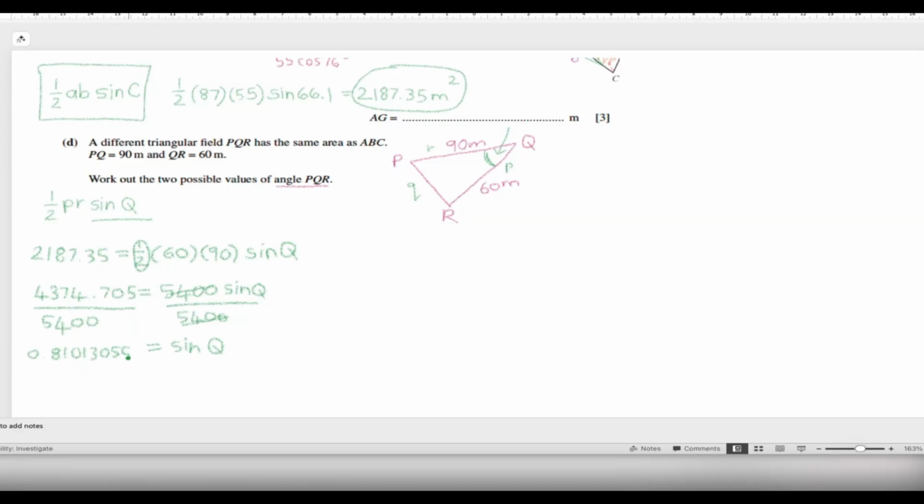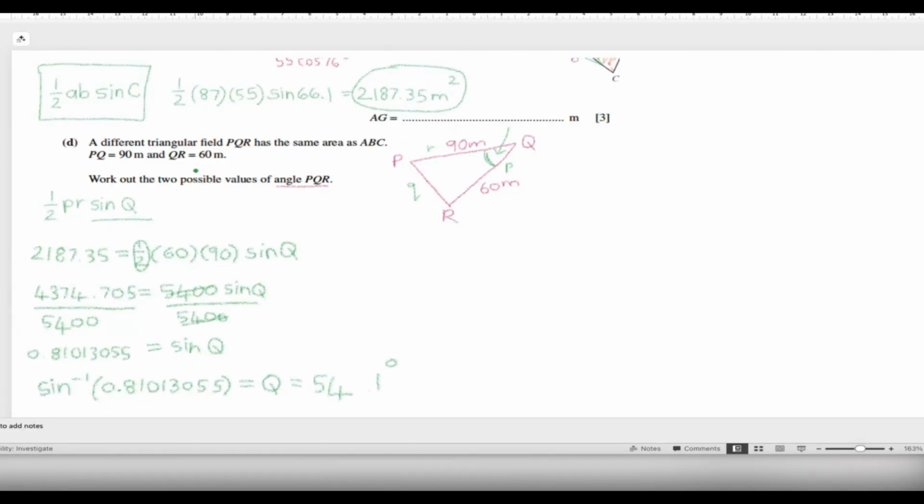Now, I don't want to know the value of the sine of Q. I want to know the value of Q only. Okay, so now I have to take the inverse. So it will be sine to the negative 1. This is where you use the shift function on your calculator, applied to 0.81013055. That will be the value of Q. So if you punch this into your calculator, if you take the inverse sine of 0.81013055, you get an answer of 54.1 degrees.